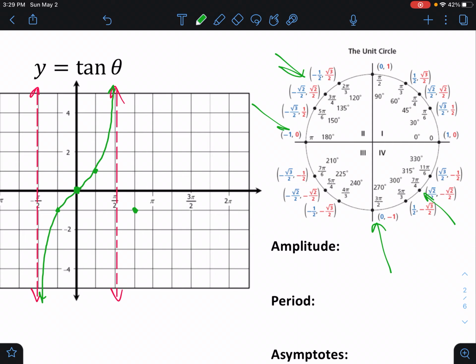Now if I go to pi, I would be back to 0, right? 0 divided by negative 1. If I go here, I'm going to be at negative square root of 2 over 2 divided by negative square root of 2 over 2, which is going to give me positive 1. Now if I go back here, I'm going to get undefined again.